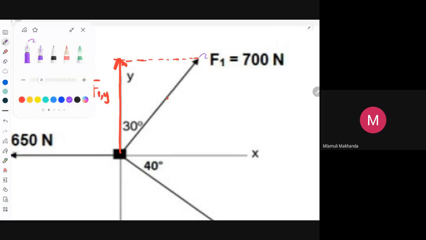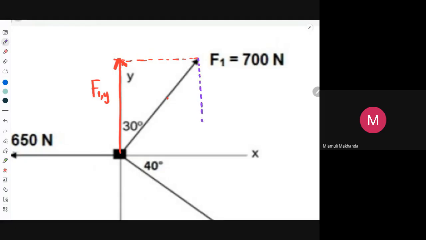You do the same thing. You come here, you draw a line all the way to the x-axis. If you're not given this Cartesian plane, you're going to draw your own, just to make things easy for yourself. You draw this all the way there. Then you draw a line from the tail of F1, because this vector belongs to F1. You draw it all the way there.